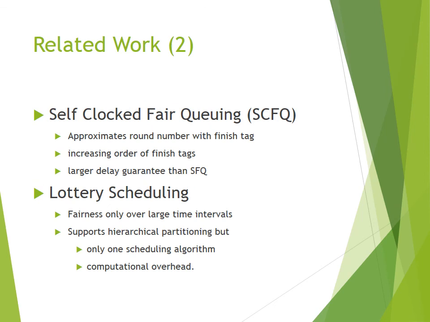The next one is self-clocked fair queuing, SCFQ. It was designed to reduce the computational complexity of fair scheduling algorithms like WFQ. It schedules in increasing order of finish tags and has a larger delay guarantee than SFQ.